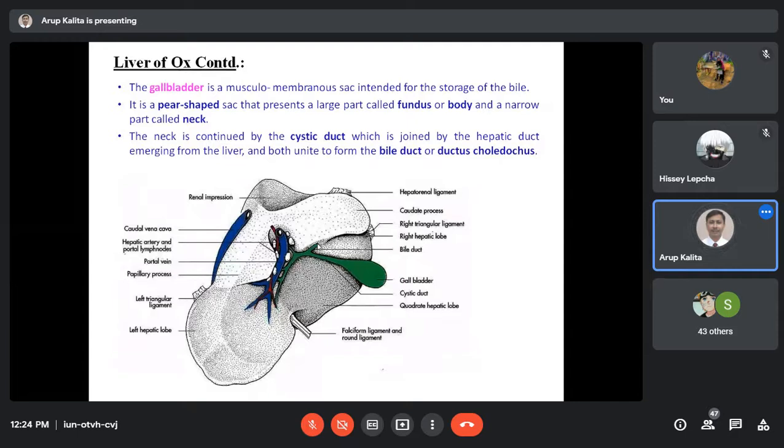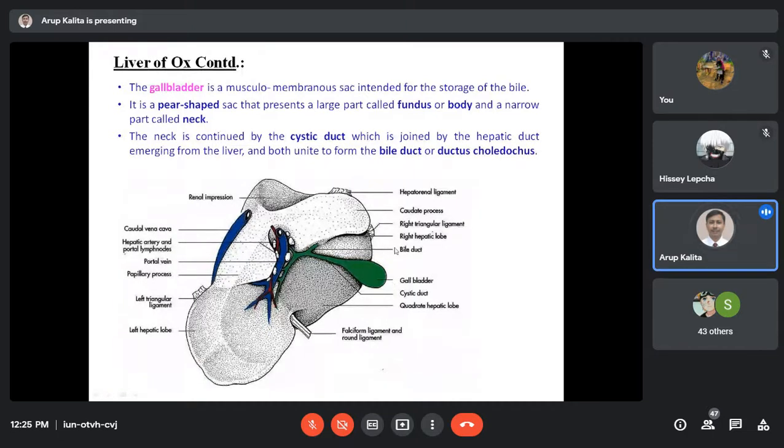Remember, the bile duct forms by the union of the hepatic duct from the liver and the cystic duct from the gallbladder. This bile duct carries the bile and opens into the duodenum.